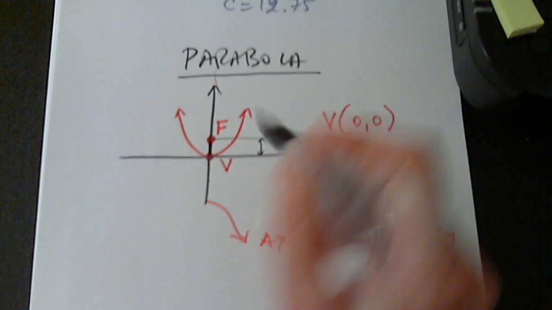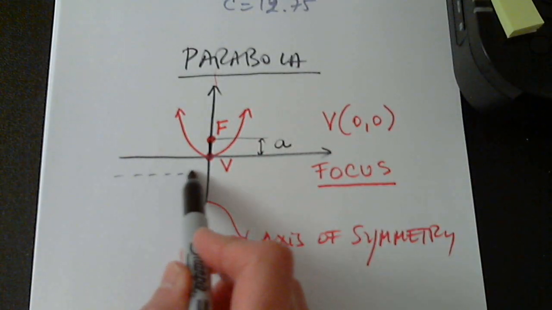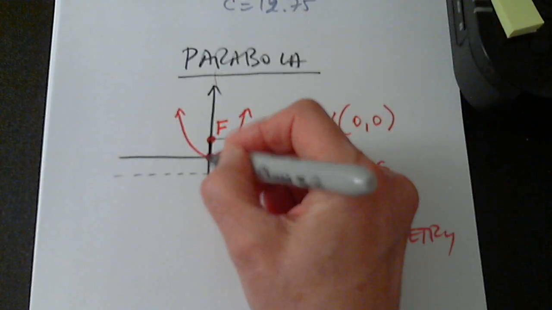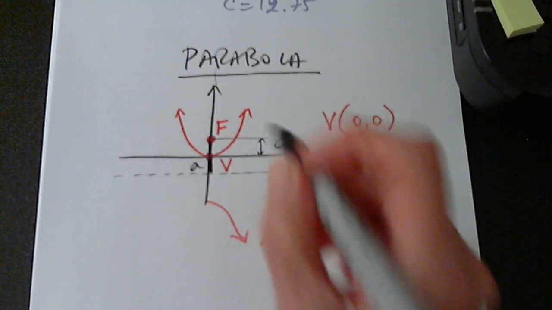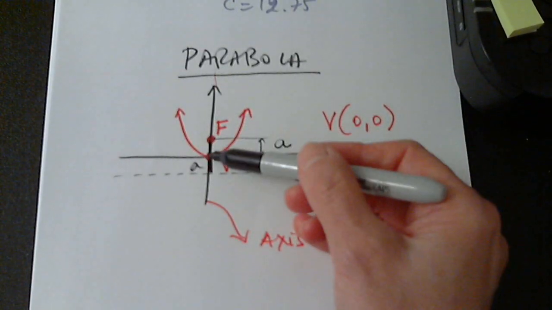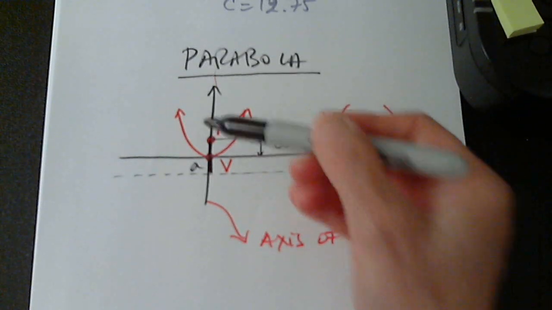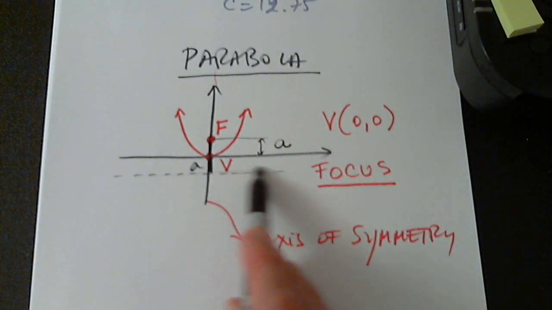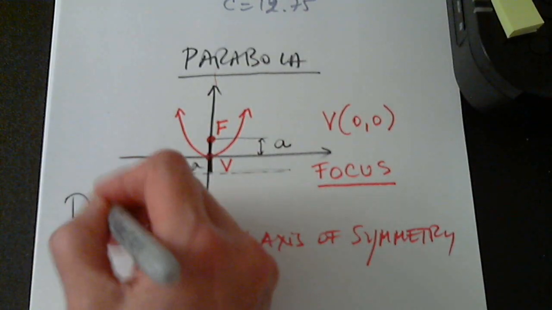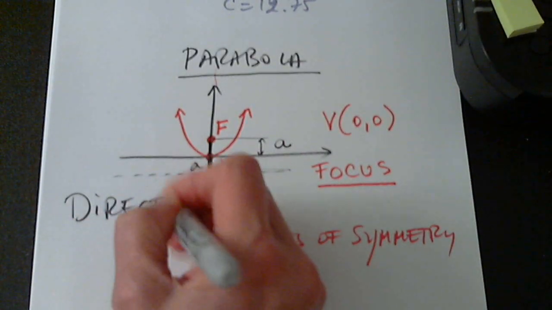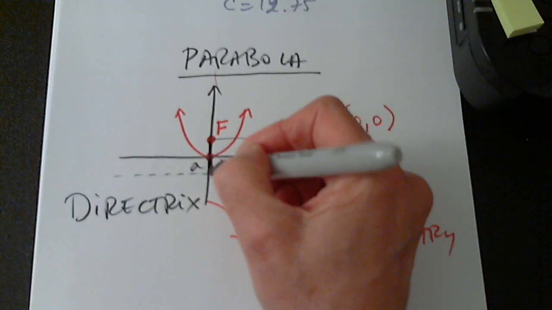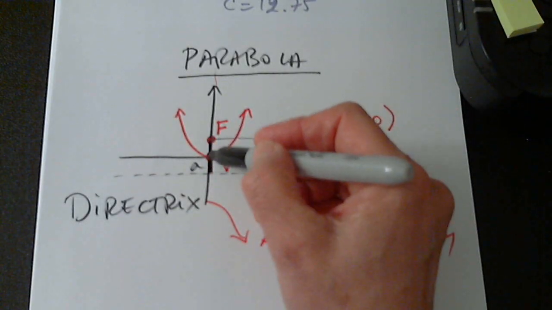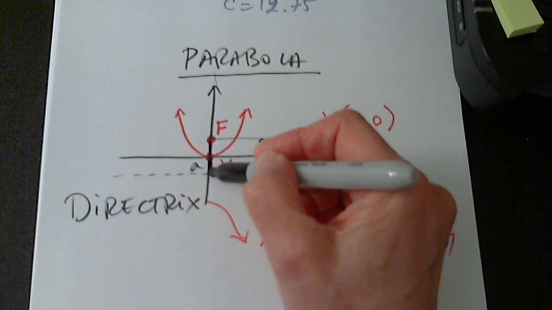The same distance on the other side of the parabola, this is also A. It's a distance from the vertex to the focus, and the distance from the vertex to this line, called directrix, are equal. So this is A and this is A as well.